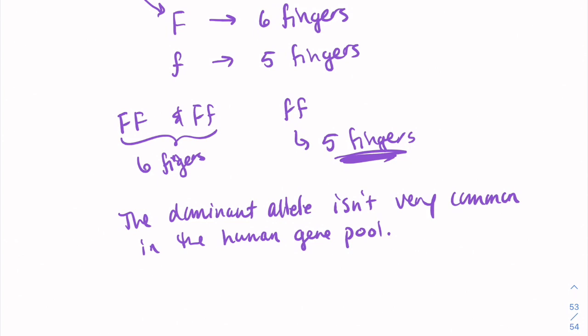But there is a population, actually in the U.S., where it's very common for people to have 6 fingers. Anybody ever been to central Pennsylvania, south central Pennsylvania, like on the turnpike from Philadelphia to Pittsburgh?